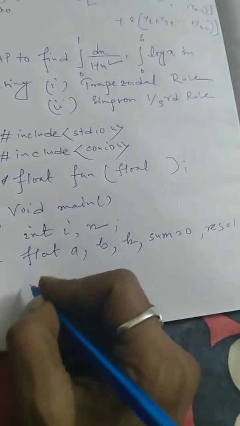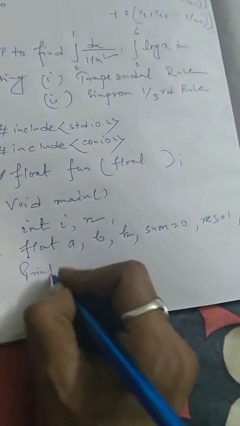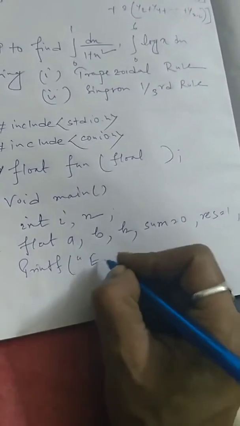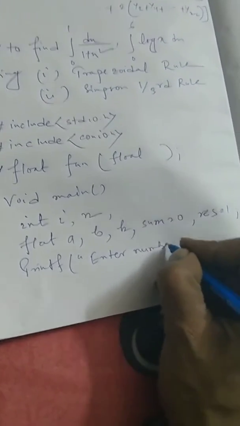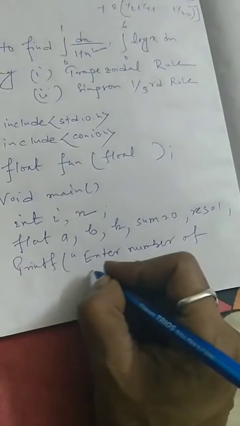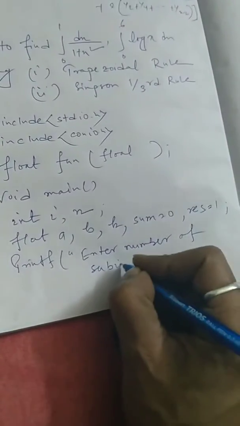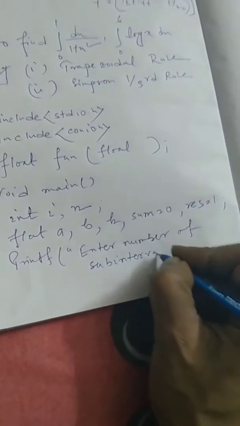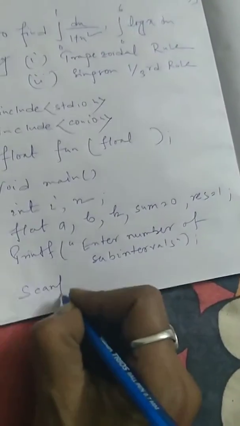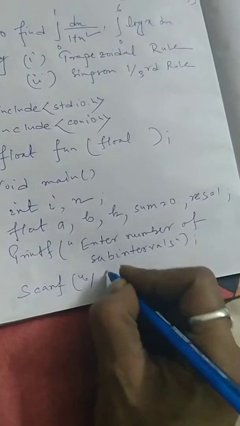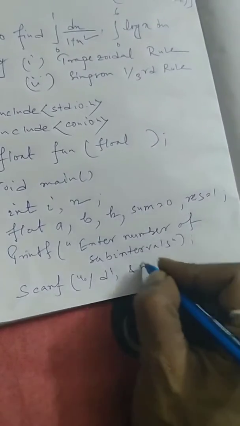Now first we write printf enter number of sub intervals, scanf %d ampersand n.